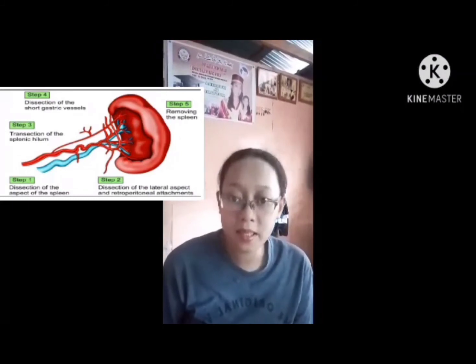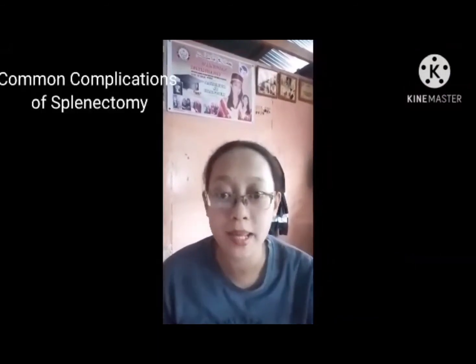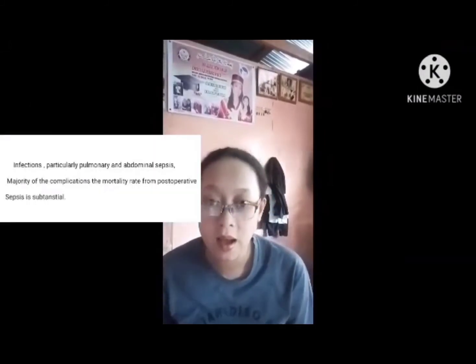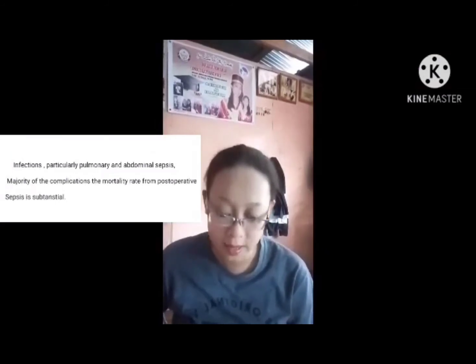And the spleen is very important to your body's defense against germs. So when the spleen is removed and does not work, you are at higher risk of infection. When the spleen is removed, surgeons perform a splenectomy. The most common complications of splenectomy are infections, particularly pulmonary and abdominal sepsis.